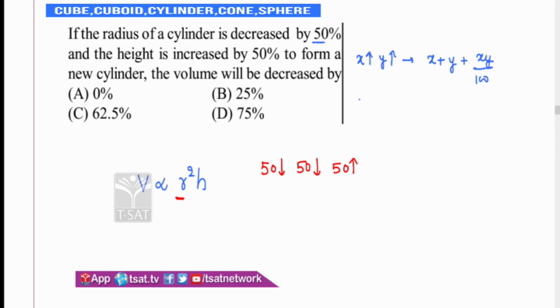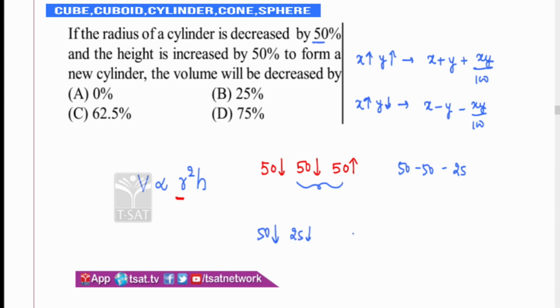For increase followed by decrease, you use the formula x minus y minus xy by 100. You can do any two first. See here, this is 50% decrease followed by 50% increase, so 50 minus 50 minus 2500 by 100 is minus 25, which means 25% decrease.